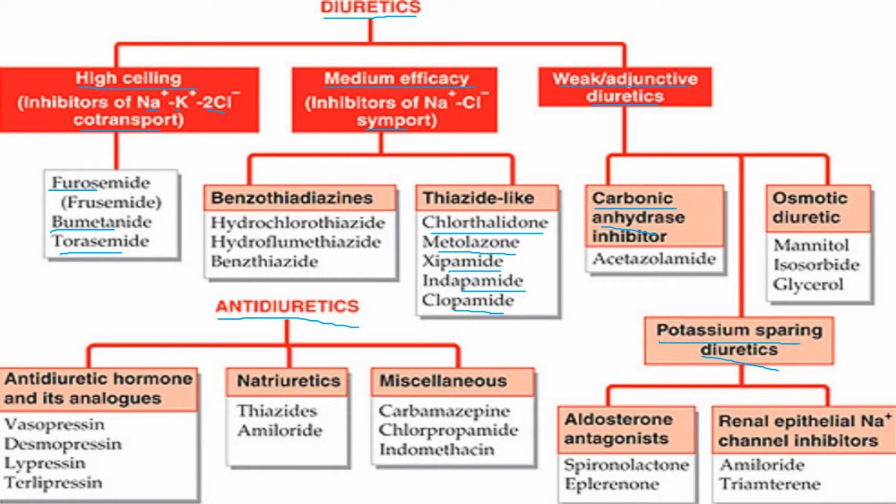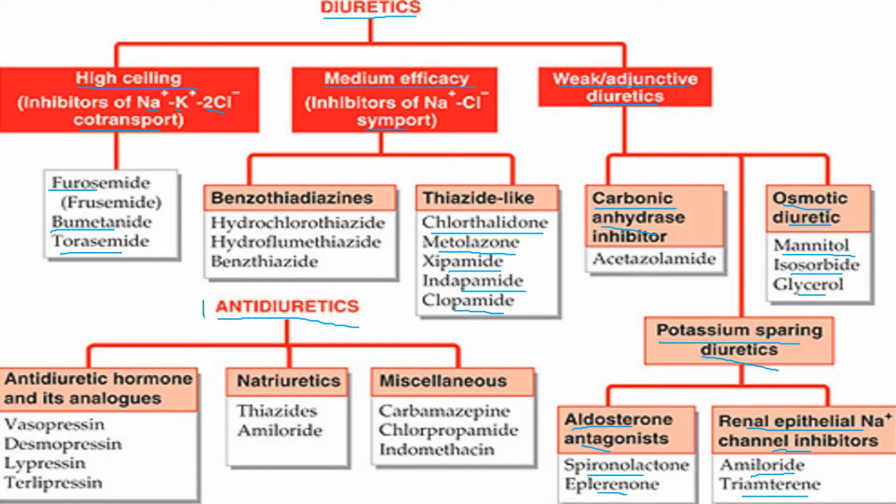Firstly, aldosterone antagonists, which include spironolactone and eplerenone, and the renal epithelial sodium channel inhibitors, which include amiloride and triamterene. Lastly, the osmotic diuretics, which include mannitol, isosorbide, and glycerol.